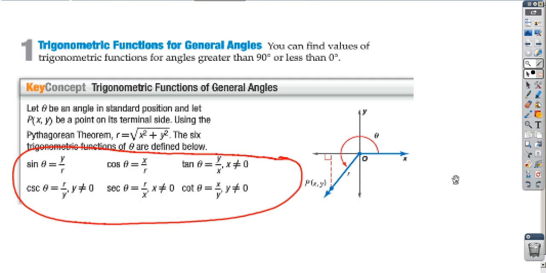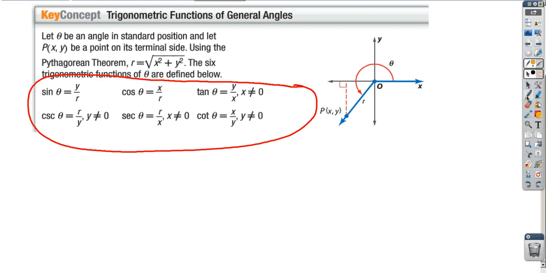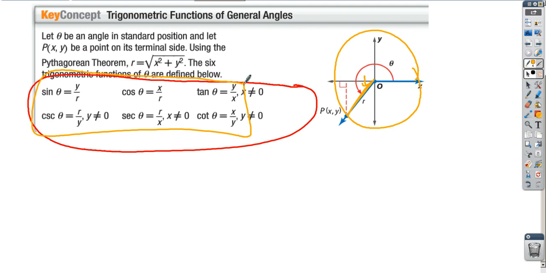So that's what this chart means right here. This chart basically says if we draw a circle on an angle, and in case you want to see the circle, here's where it would look right there. And we draw this radius right here, we can express this angle, or any angle, in terms of these coordinates. If you're not in the first quadrant, like in this picture right here, you can see this angle's in the third quadrant, those same formulas still apply.